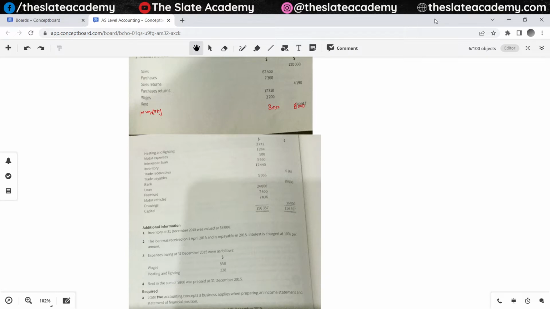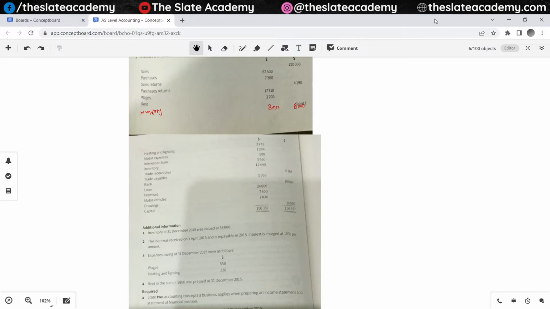Because that's opening inventory. This is different from that. The treatment of opening inventory and closing inventory is different, because the opening inventory has the effect of increasing the expense. So let's see, do they show opening inventory over here in this trial balance?